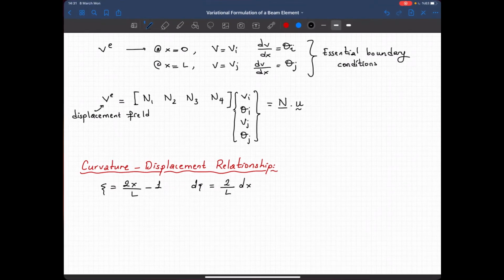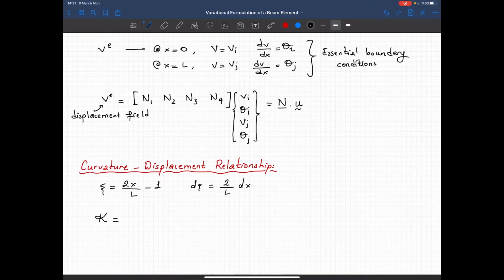Basically, curvature is equal to del squared V divided by del x squared, and that will be equal to 4 over L squared d squared V divided by d psi squared, and that's equal to 4 over L squared d squared N over d psi squared, the second derivative of the shape functions, multiplied with the nodal displacement.